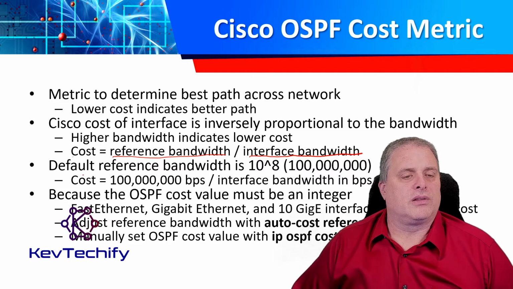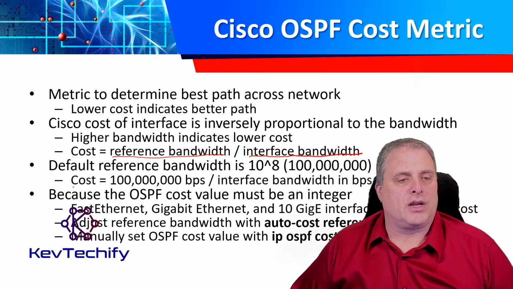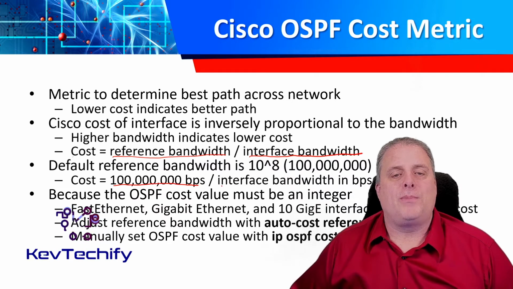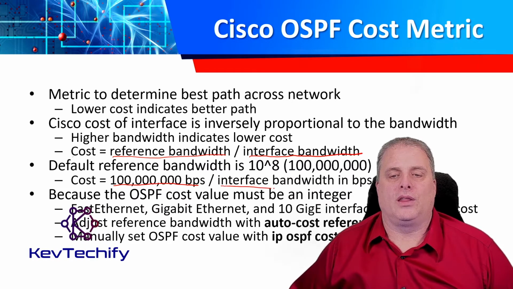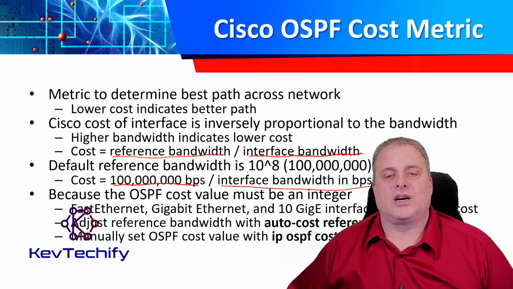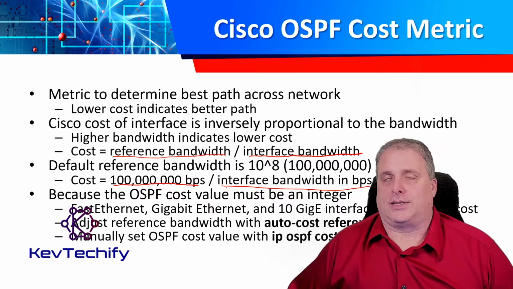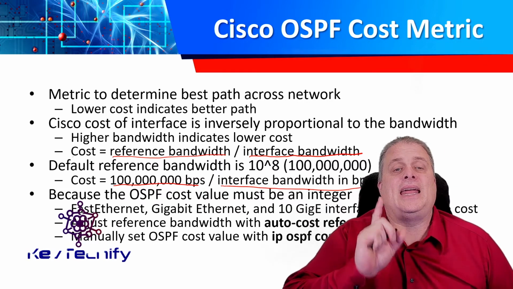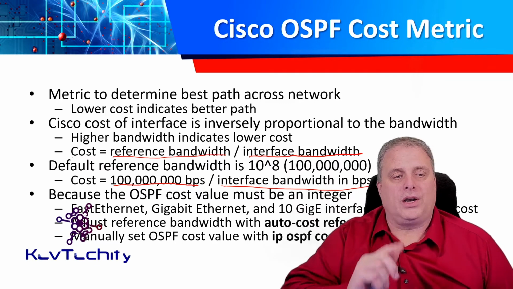That gives us the formula down here for our cost metric for OSPF: 100 million bits per second divided by the interface bandwidth in bits per second. That will give us this cost. Now, the cost has to be an integer. That'll become important here in a second.